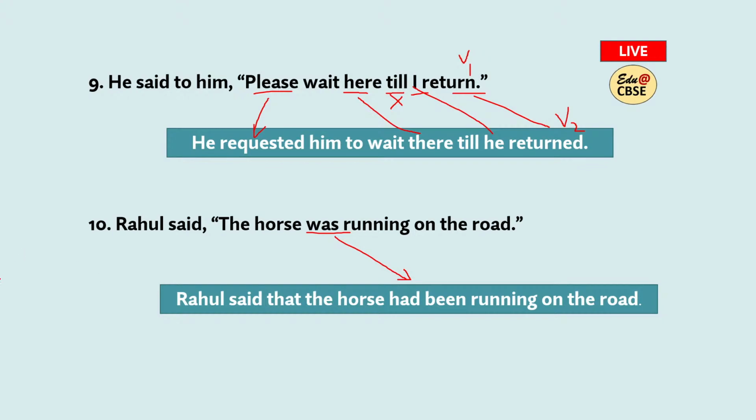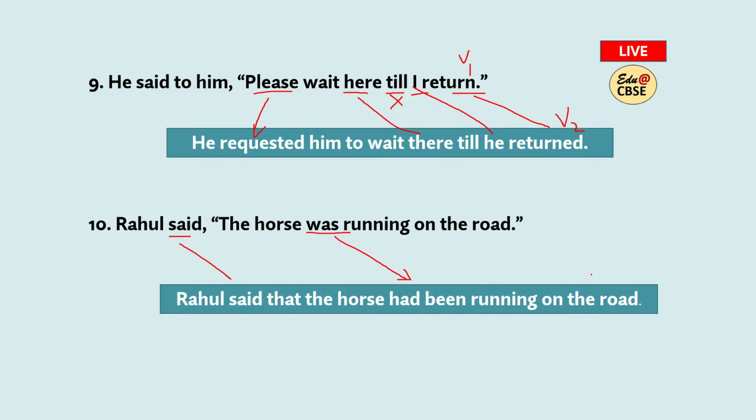So we are going to change this said. Then the horse will remain as such, was running on the road, nothing more is to be changed here. If you write said here, it is again correct. If you write told, it is also going to be correct. So Rahul said or Rahul told that the horse had been running on the road.